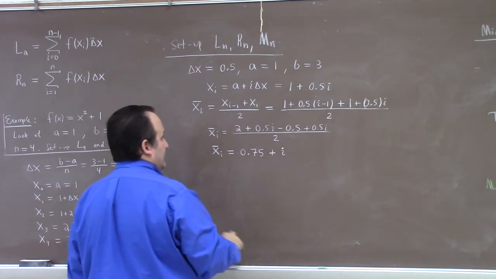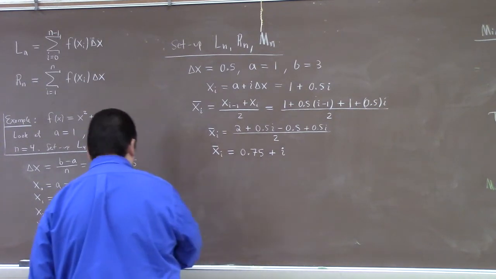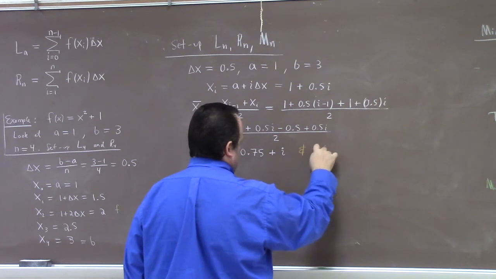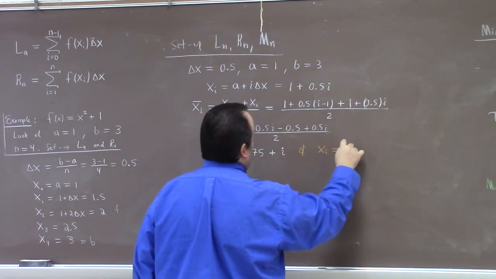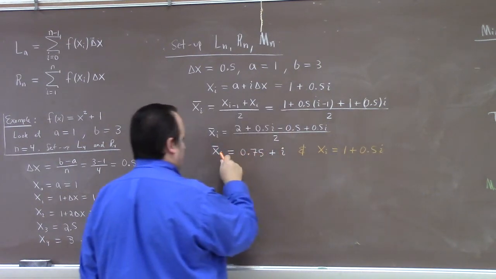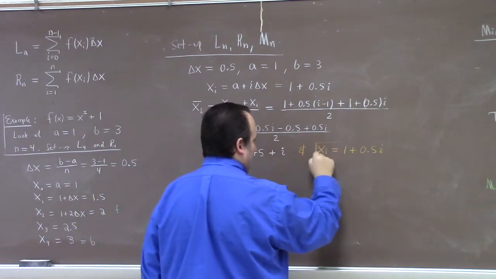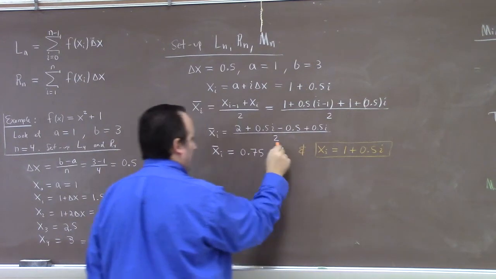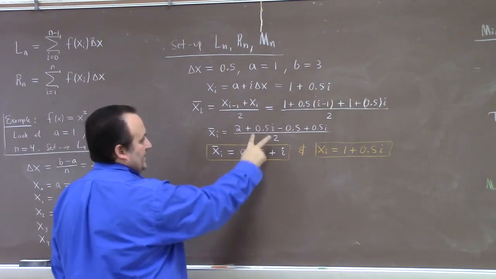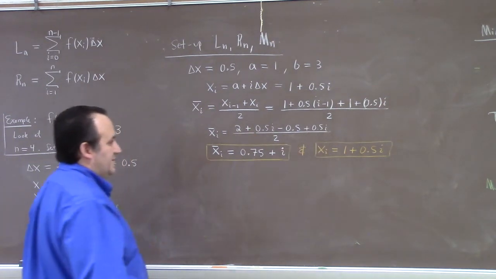So there you go. We have x sub i is 1 plus 0.5i. I had 2 of them and added them together. It gives me 0.5 plus 0.5, which is 1.